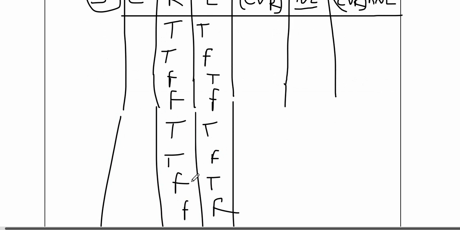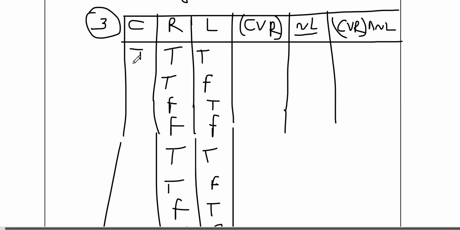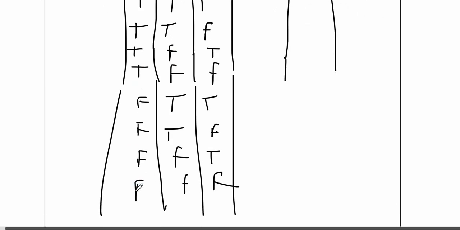Again we repeat the same thing as we did the first time, because the first 4 is for true for the C, that is clever, and for the next 4 it is false. So basically we are covering all permutations and combinations of true and false.